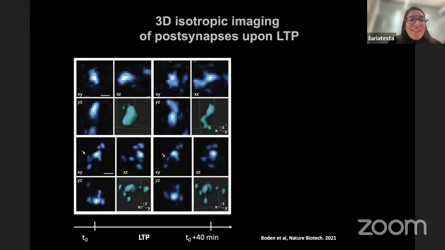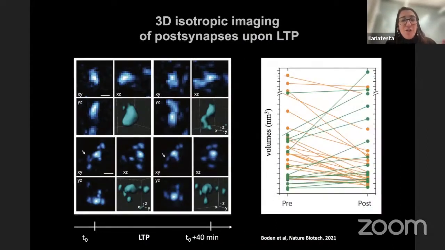And this is another argument for why working only with projection is risky. In this case, we were taking a neuron and inducing a lot of activity, which we call long-term potentiation, and then checking what happened to these postsynaptic densities, whether they increase or decrease. Sometimes if we only looked at the XY part, you wouldn't see a significant increase.